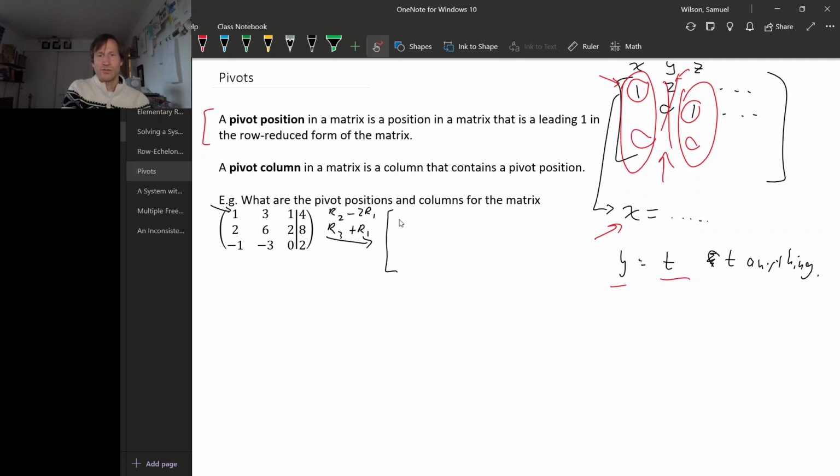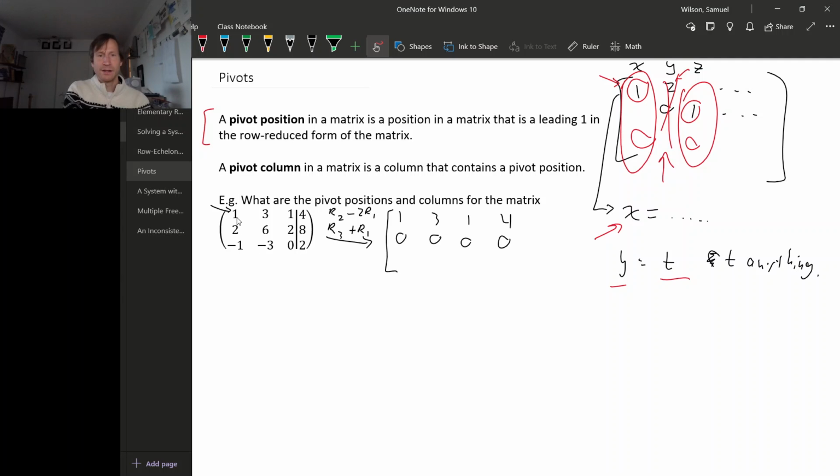The first row isn't going to change, so 1, 3, 1, 4. For the second row, row 2 minus 2 times row 1, so 2 minus 2 is 0, 6 minus 6 is 0, and 2 minus 2 also 0, so nothing but zeros here. And 8 minus 2 times 4 also 0, so nothing but zeros for that whole row.